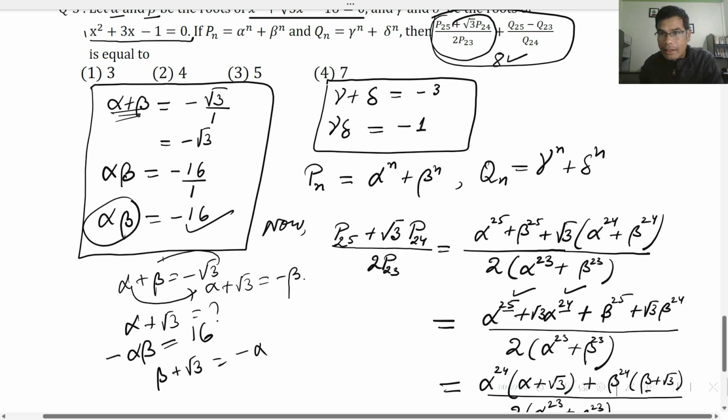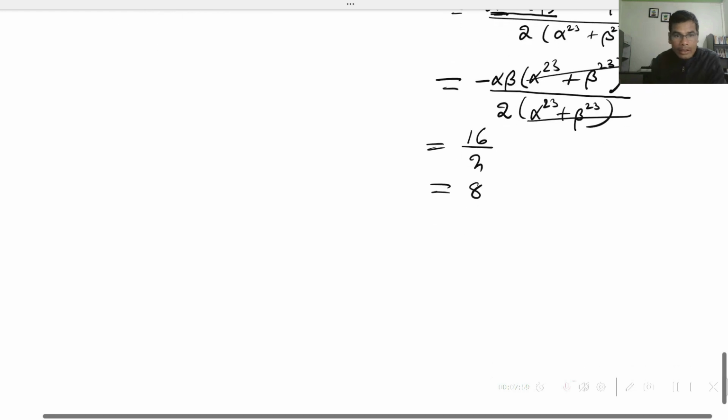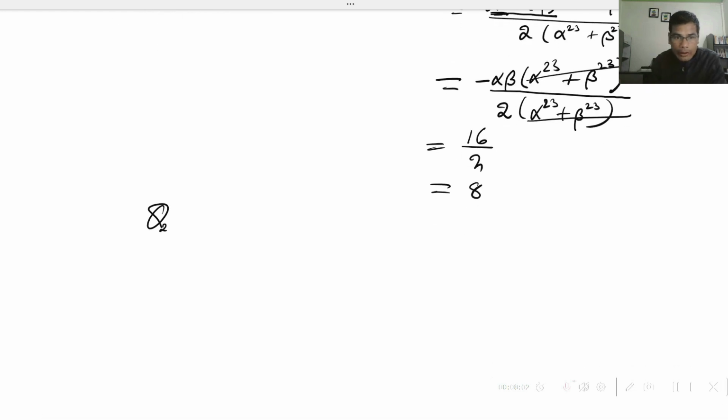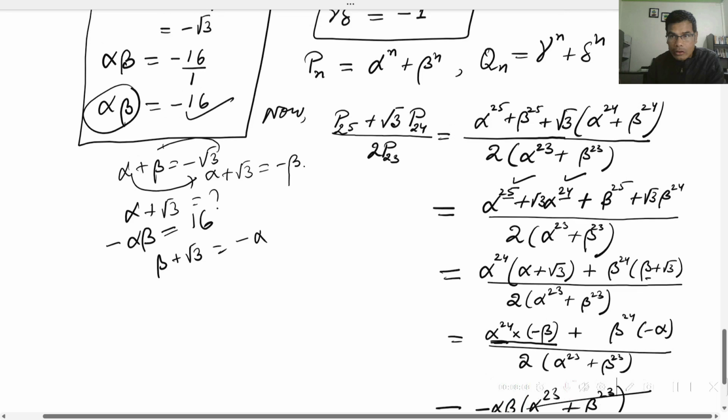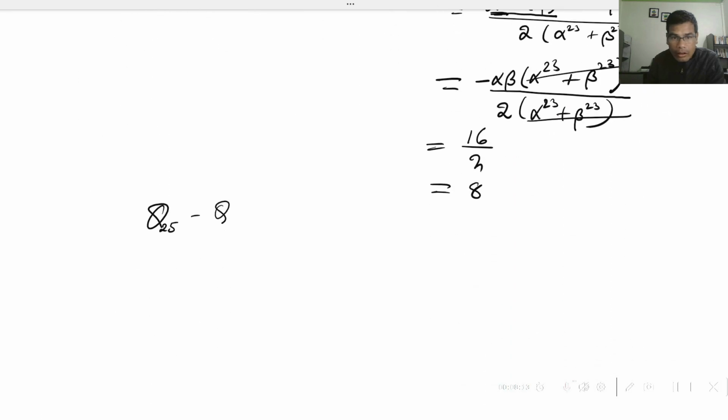So let us see the second, that is Q suffix 25. Let me write it here. Q25 minus Q23, and the whole thing divided by Q24. So let us write the value of this Q in terms of gamma and delta.